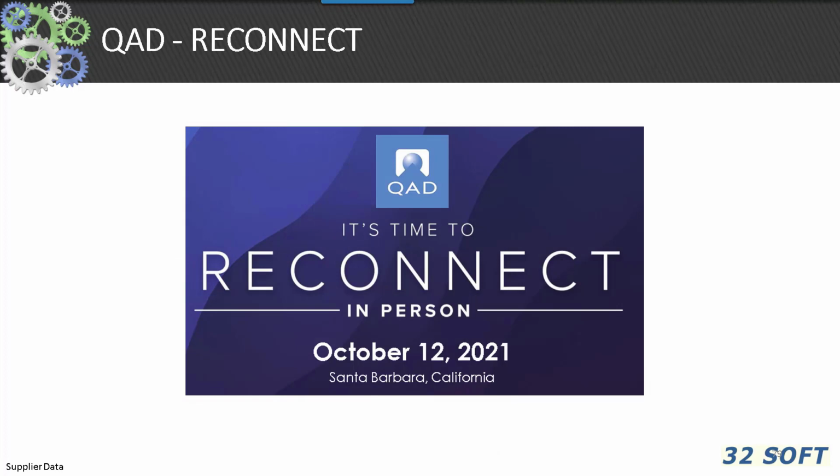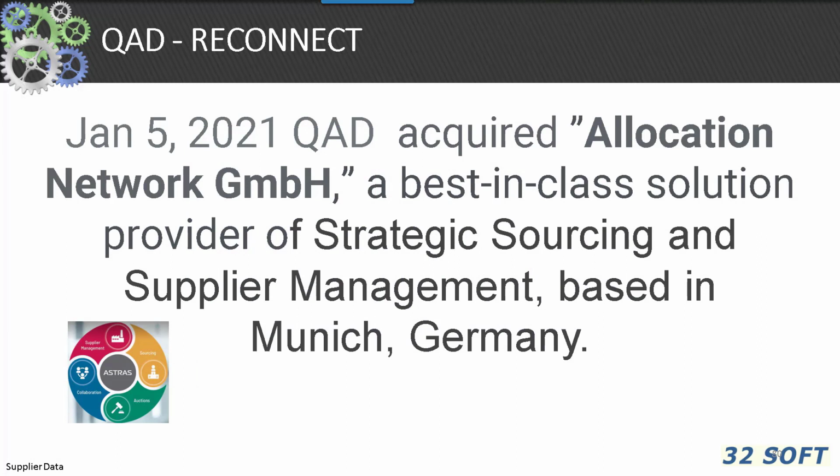In October of 2021, at the end of the West Coast User Group meeting, QAD had what they call the QAD Reconnect. Tony Winter, Terry Aneka, Tom Roberts, a lot of others, all basically talked about various supply and supply chain issues and spoke of the acquisition of the Allocation Network GmbH.